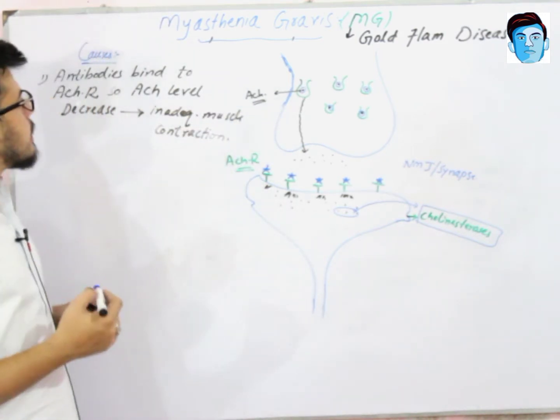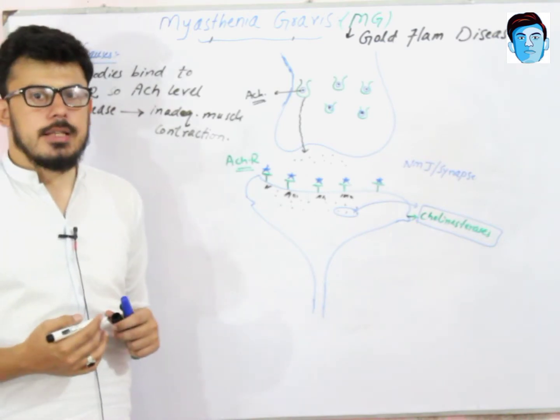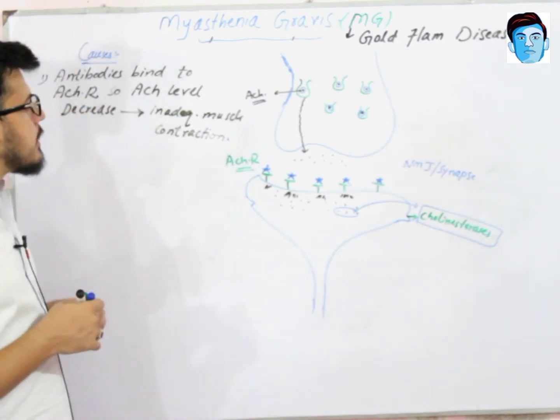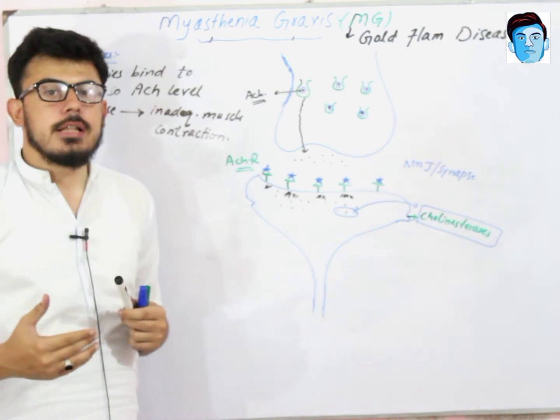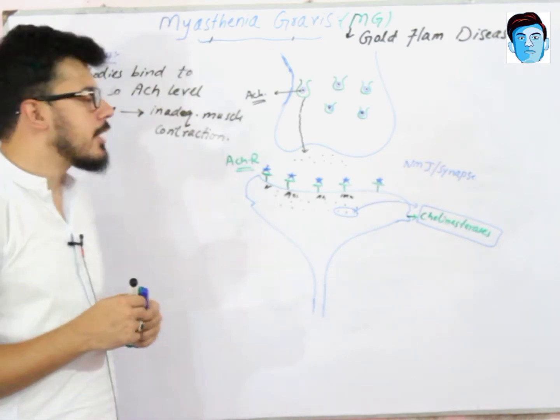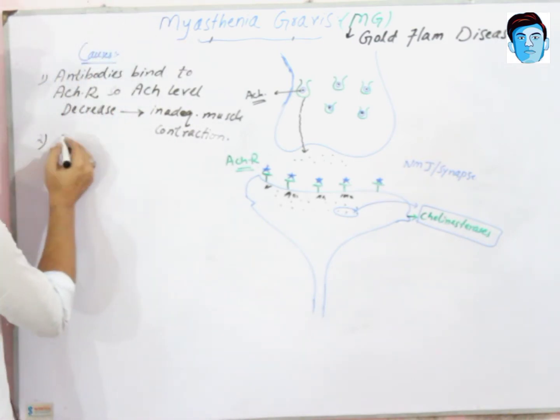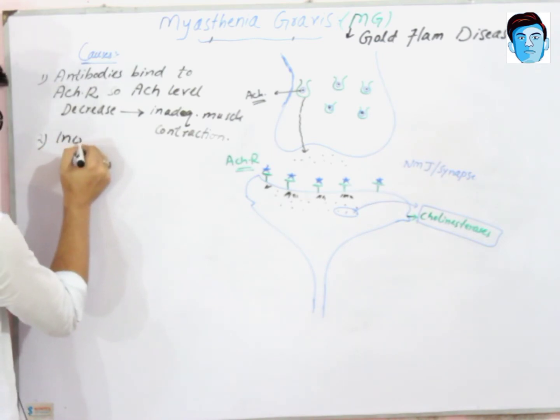What is the other cause of myasthenia gravis? The other cause is an increased level of cholinesterases.